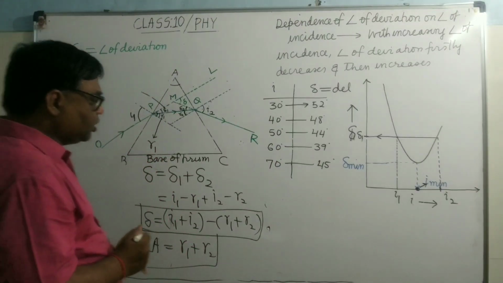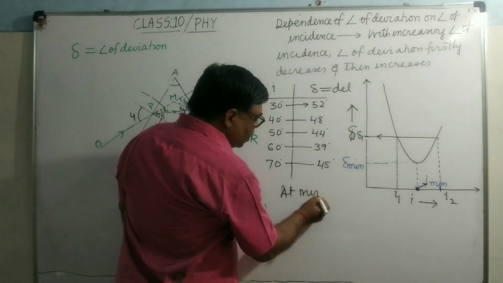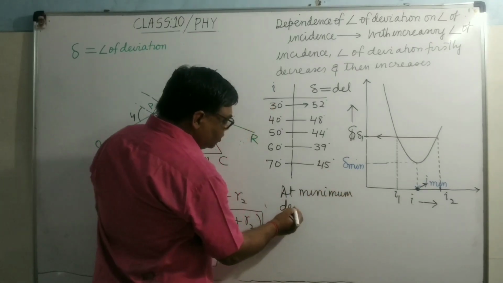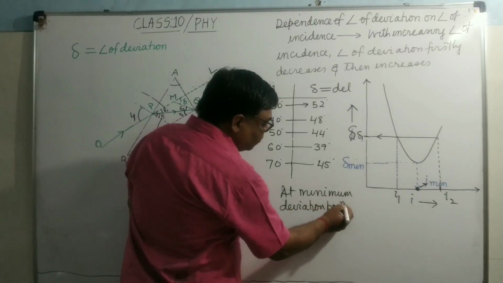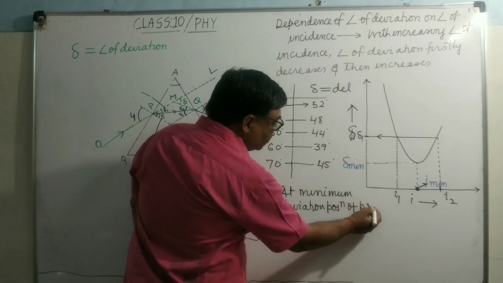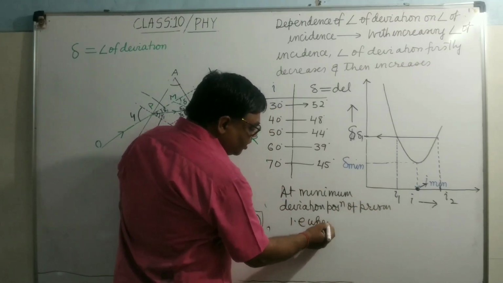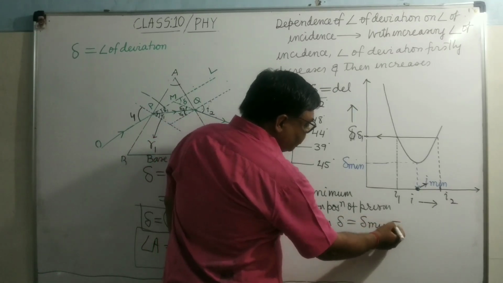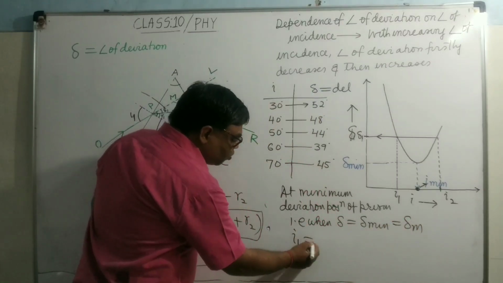Now there is one more thing. At the minimum deviation position of the prism, that is when delta is equal to delta minimum, we will write delta M, then i1 will be equal to i2.